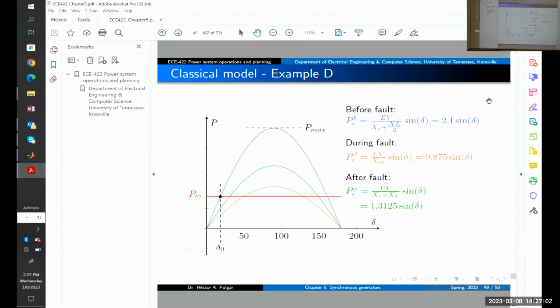And the last one is EB over XS plus XL sine of delta. And the value for this is 1.3125. For this one is 0.875. And this one is 2.1 sine of delta. So those are the equations.